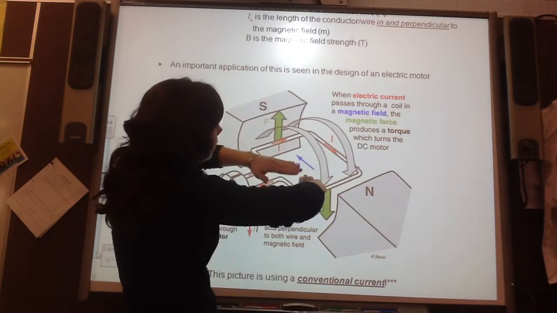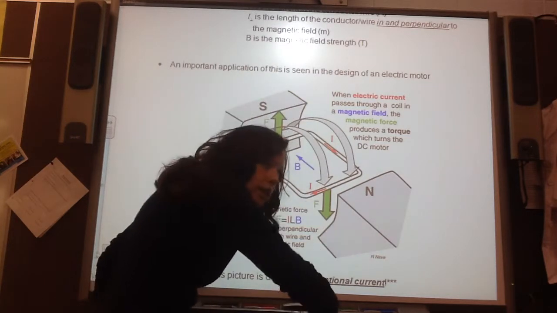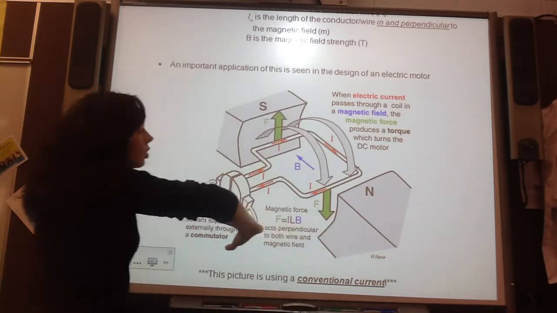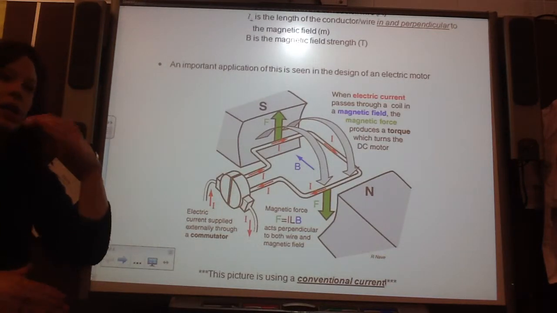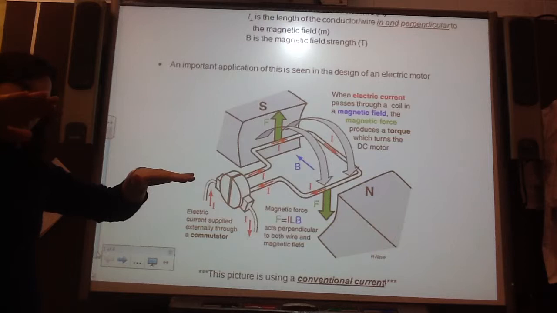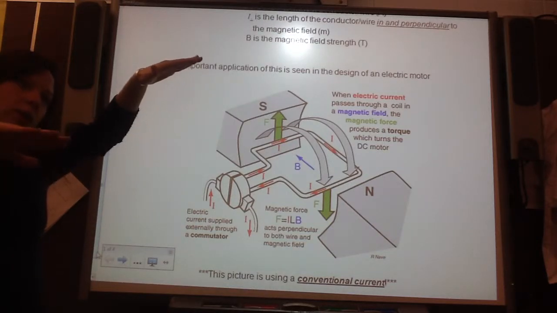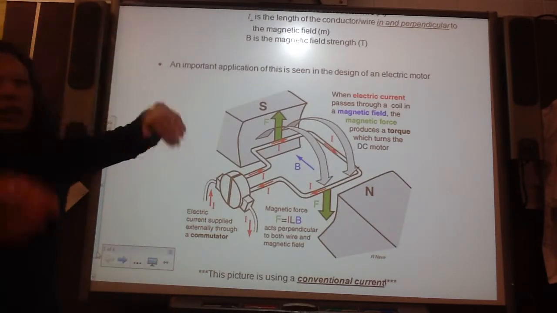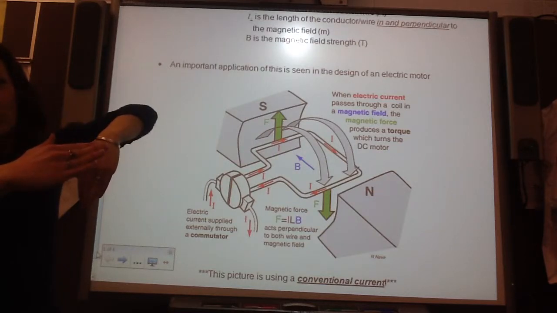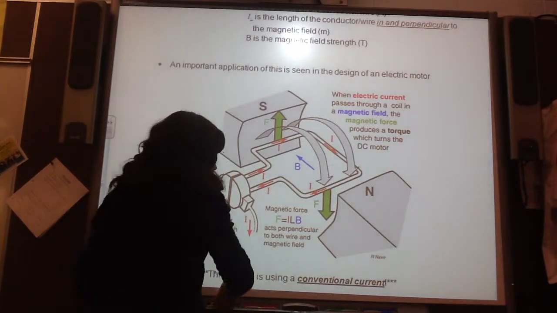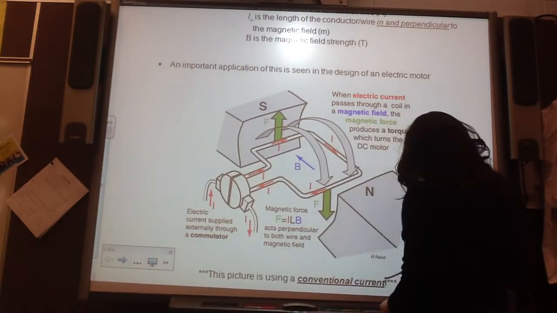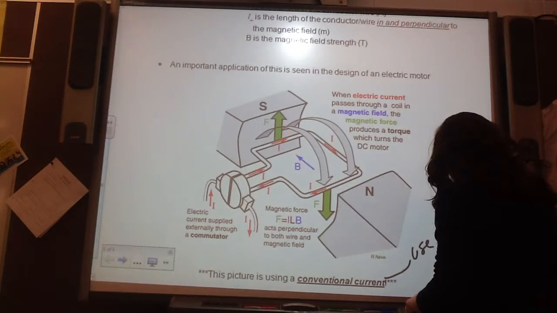Our magnetic field is the same, and so it forces it down. Okay, so it's kind of cool because that's how these motors work, right? At different points, this will experience force up, this will experience force down. It just keeps turning. And this picture uses conventional current, so use right hand.